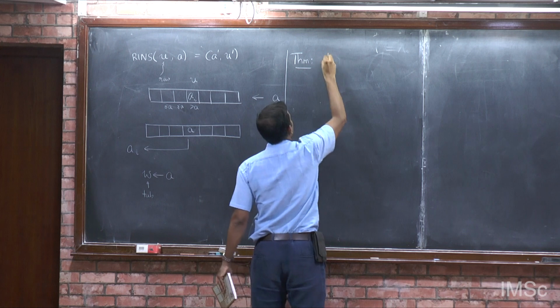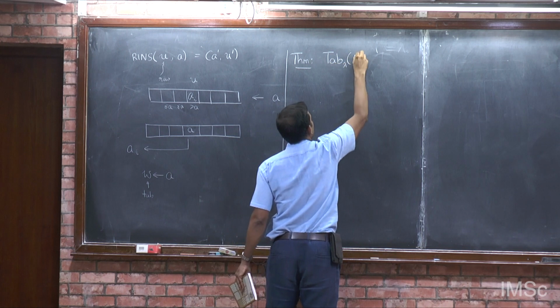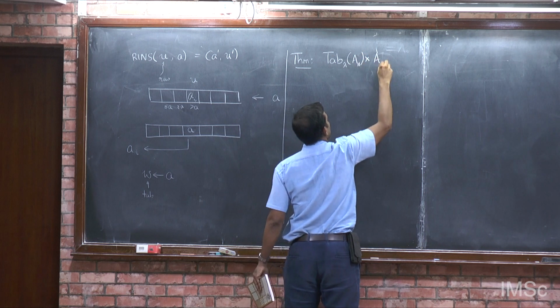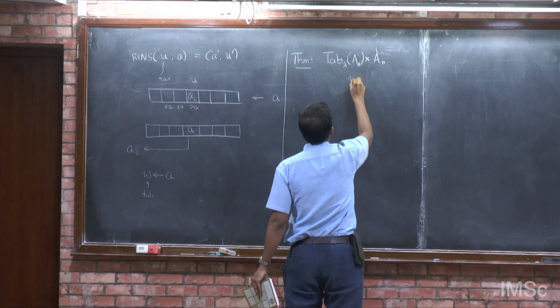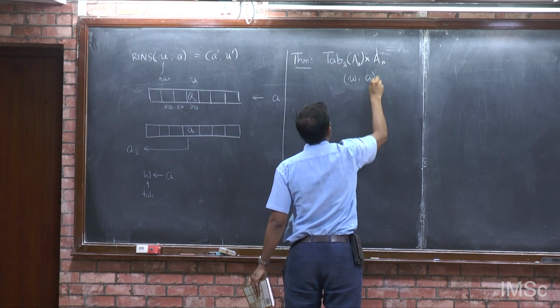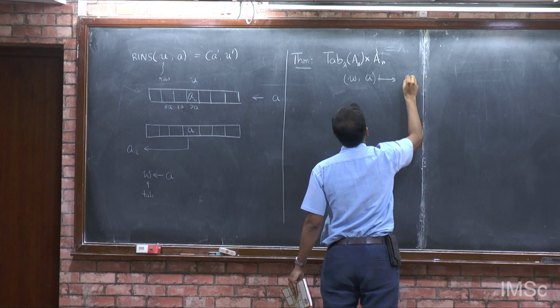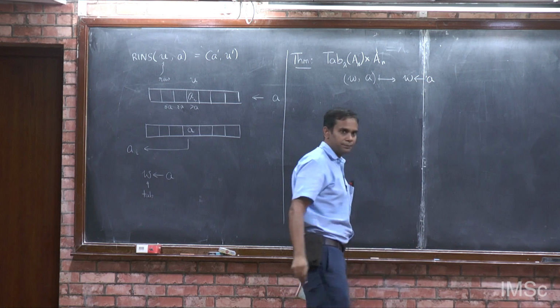You take Tab lambda A_n cross A_n, and you take a pair W comma A and send it to the insertion of A in W.